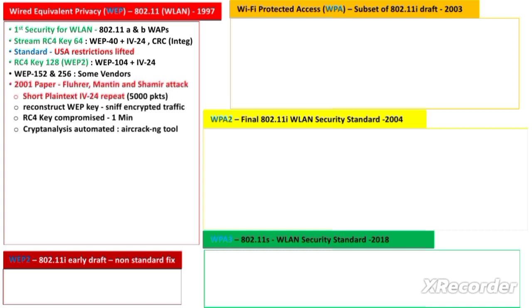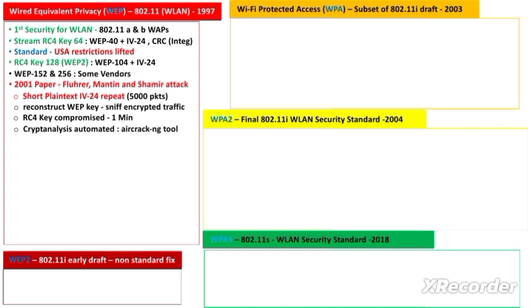Then in 2001, a paper was published by three researchers, and the attack was named after their names. This attack was related to WEP and more specifically the short plain text initialization vector.